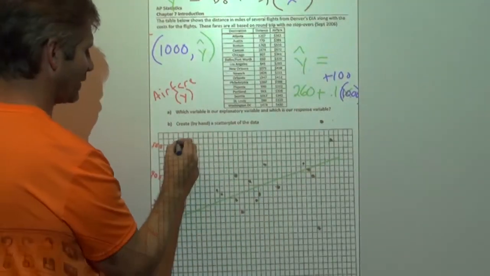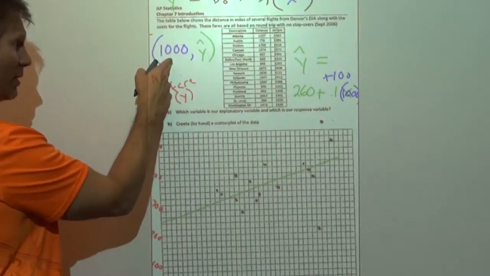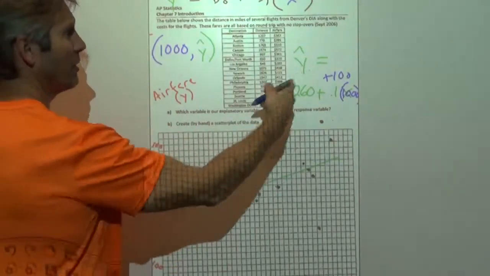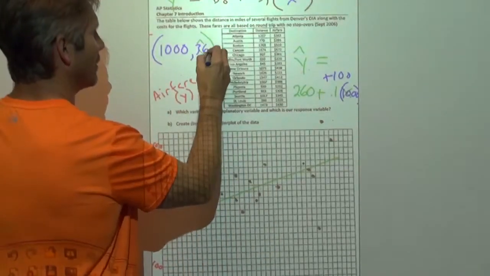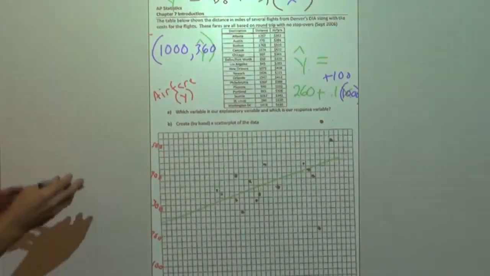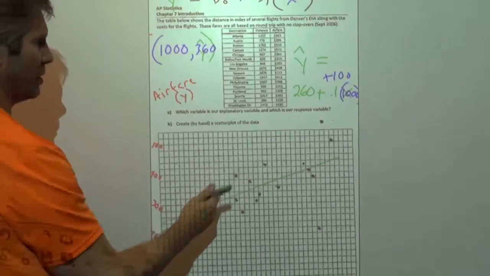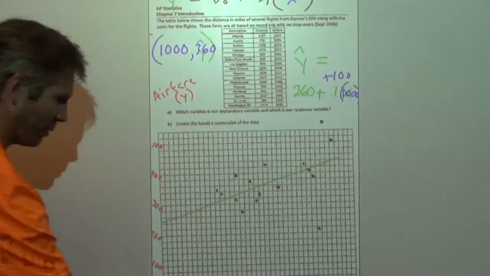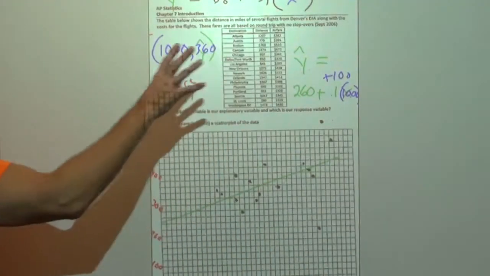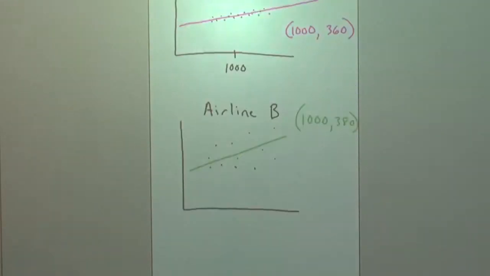Maybe we would predict that for a travel of 1,000 miles, the predicted airfare would be $360. So our regression line is going to predict for us what that should be. Now we can see that we're off by a bit in a lot of cases, so we take it all with a grain of salt, but that's the basic idea behind how we're going to predict it.